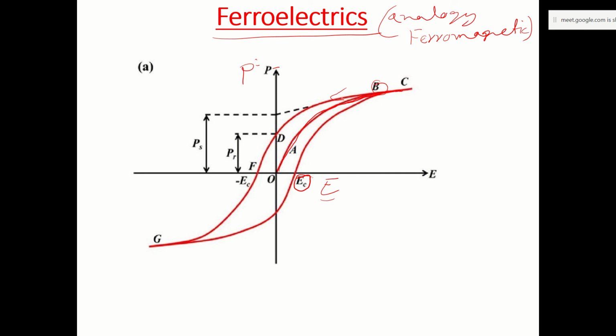And when you reverse the direction and move along, you reach a point where, so this is the P, we call it PS, saturation polarization. Just as we were referring to saturation magnetization there, here we have PS, and this point is remanent polarization.